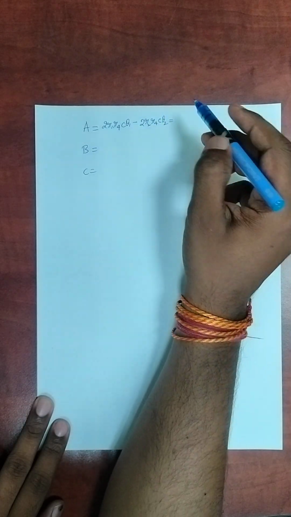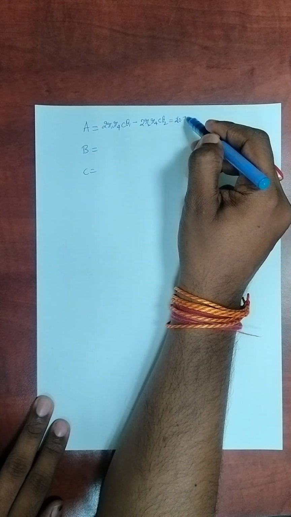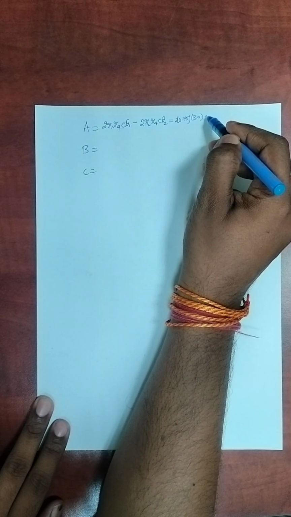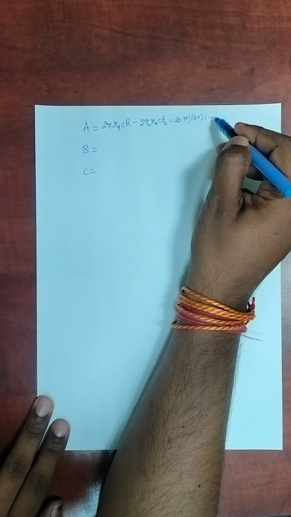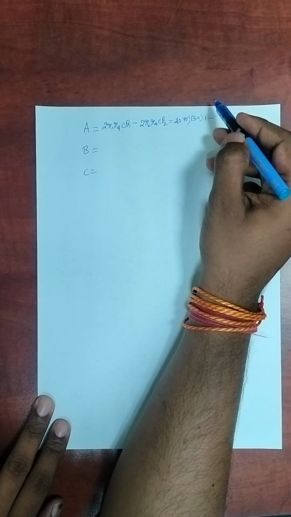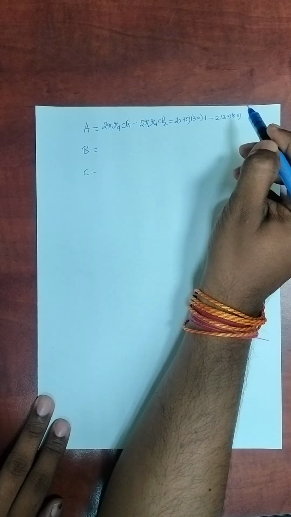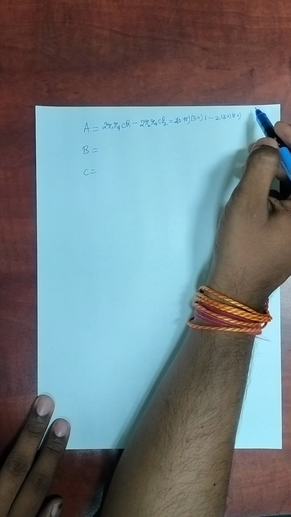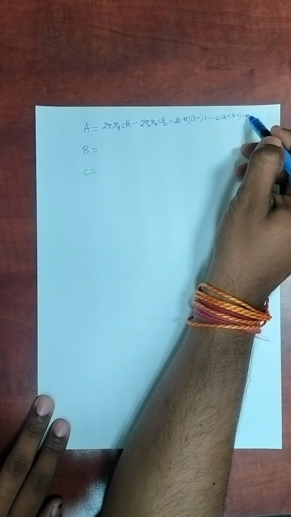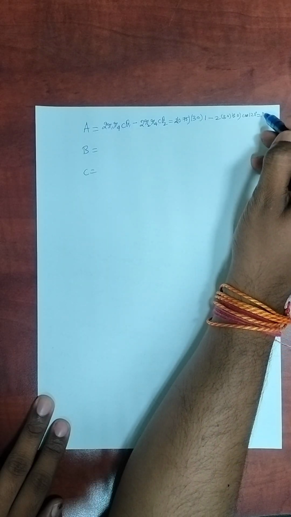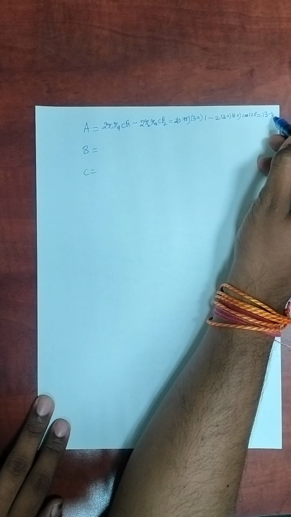In our case, this will be 2 into 0.75 multiplied by 3 into cos theta 1, which is 1 because theta 1 is 0, minus 2 into 3 into 3, r2 is 3, r4 is 3, cos of 120 degrees, and this comes out to be 13.5.